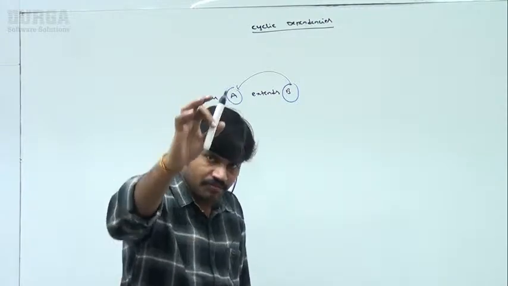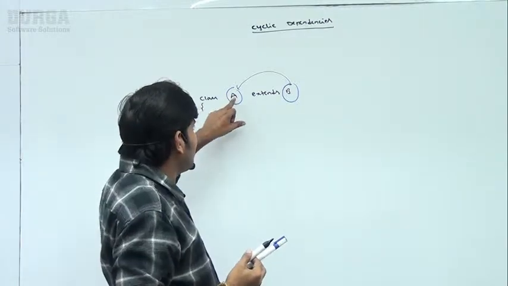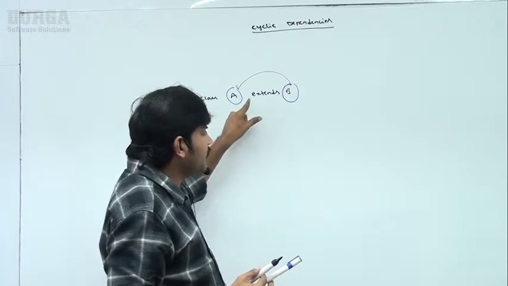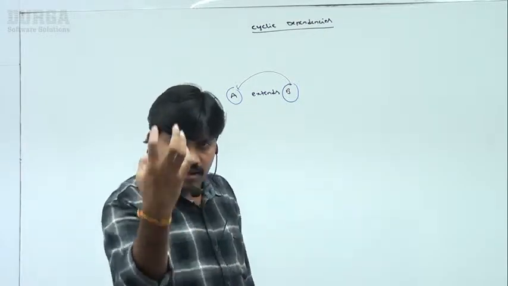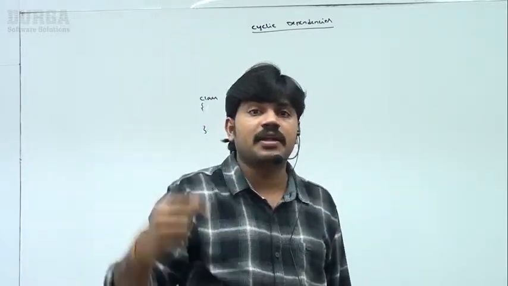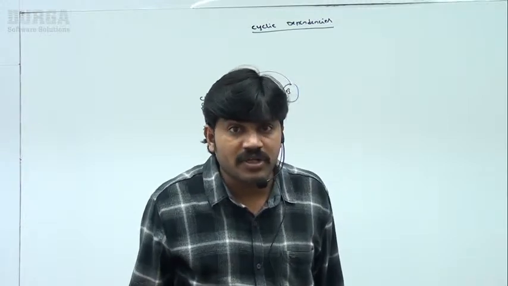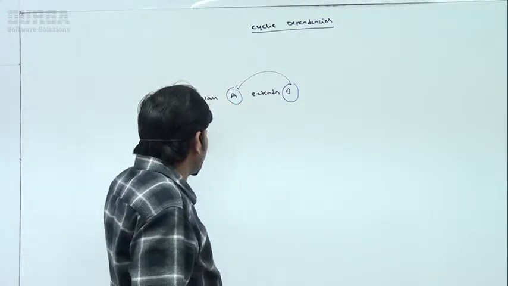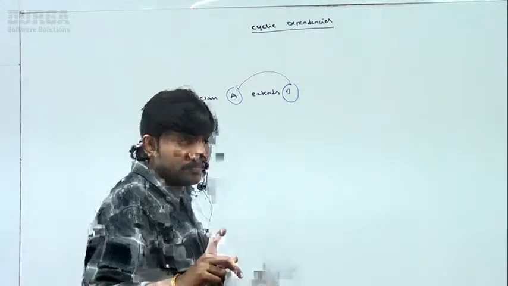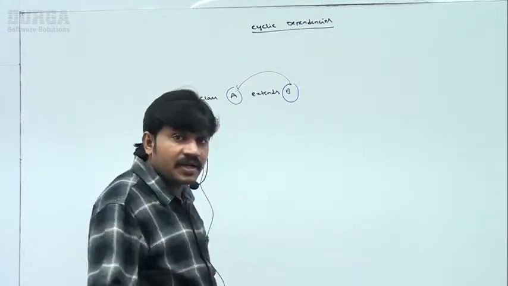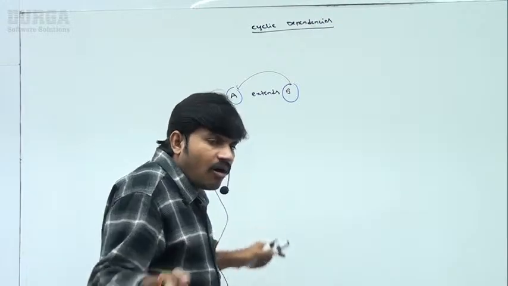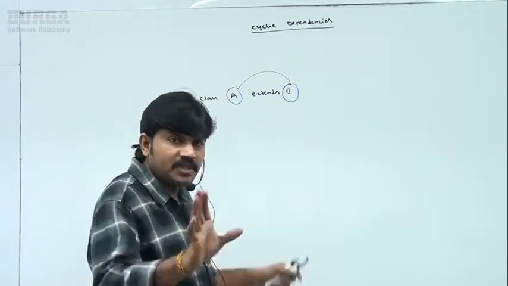B's methods and variables are automatically available to A. That is the advantage of creating a child class. If you want all the methods and variables present inside the parent automatically available to the child, that's why you create the child class. If you want, you can add some extra methods also in the child class. No problem. This is nothing but inheritance. What is the benefit? A required the total functionality of B.